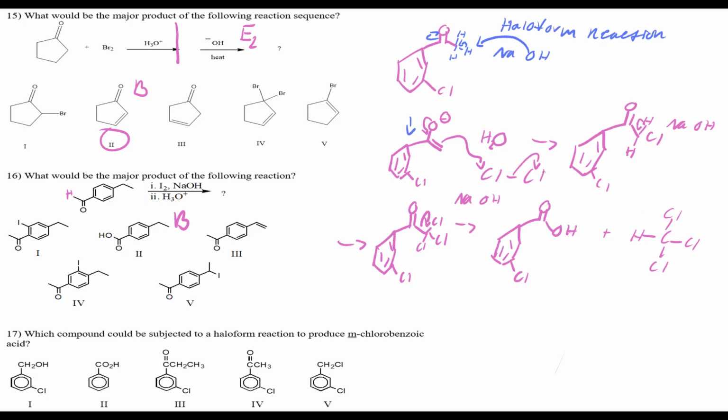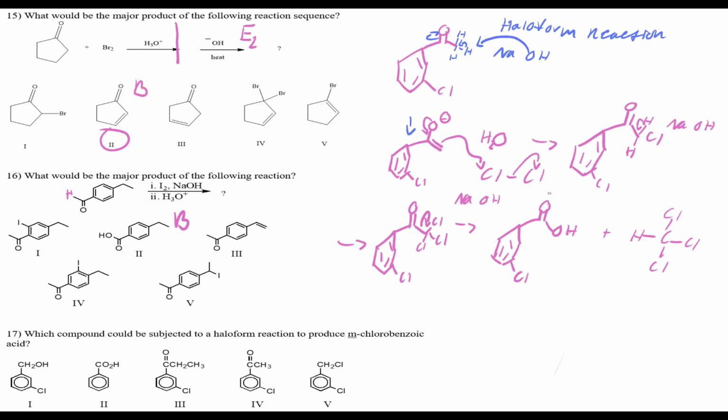The haloform reaction just means that you treat this carbonyl with hydroxide, and you're going to deprotonate one of these hydrogens, and then you're going to add your halogen to that area, okay? And you do this until you run out of hydrogens to take out. So basically, you put in a bunch of halogens into that area.